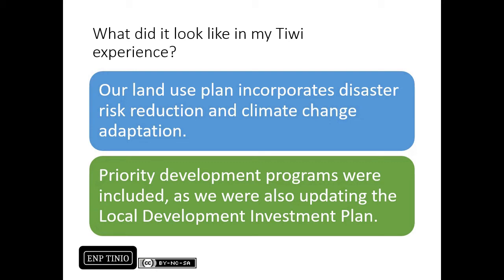Also, as we were updating the local development investment plan of the municipality of Tiwi, priority development programs were included in the CLUP. This way, these programs and projects can be downscaled more effectively to the LDIPs.